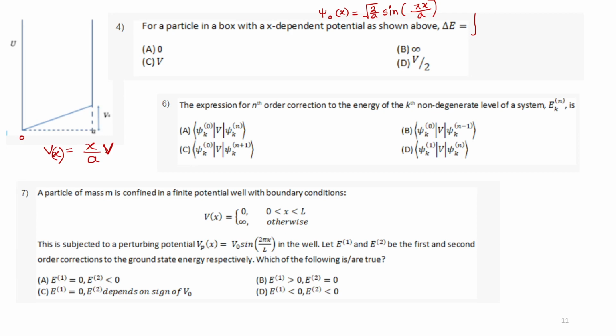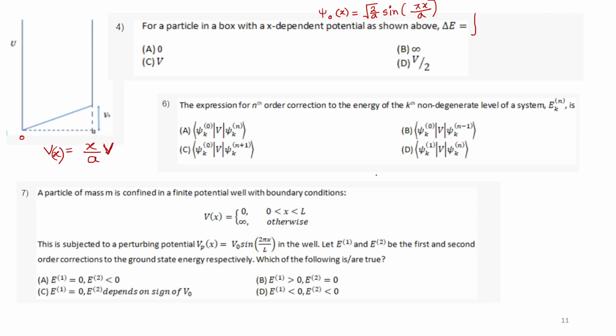It will not start from 0. So it will vary from system to system. If a harmonic oscillator is there, then m can be 0. If it is a particle in a box situation, then your m will start from 1. So you need to take care of that. I have derived it for a general case.